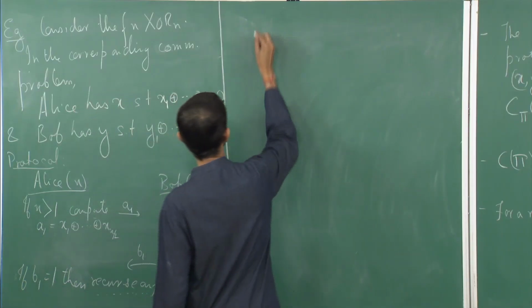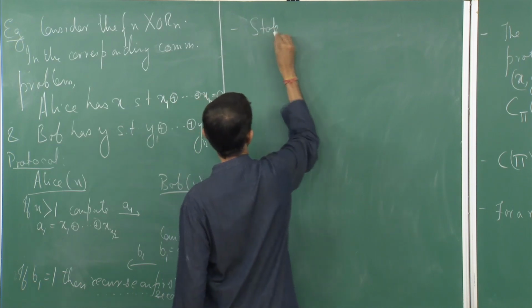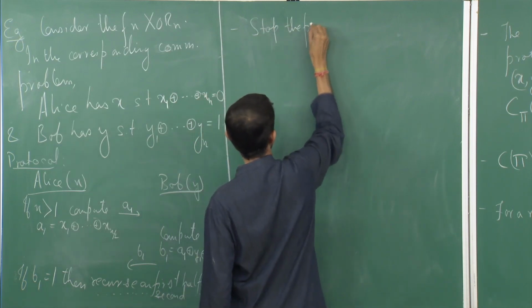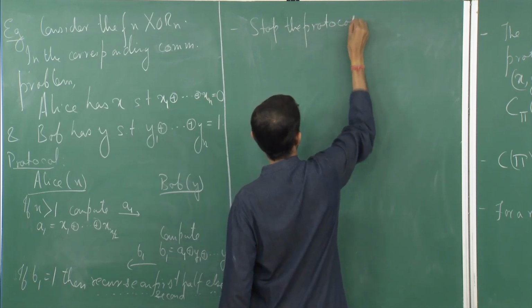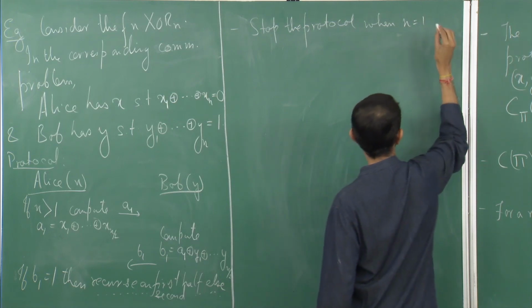So stop the protocol when n is equal to 1.